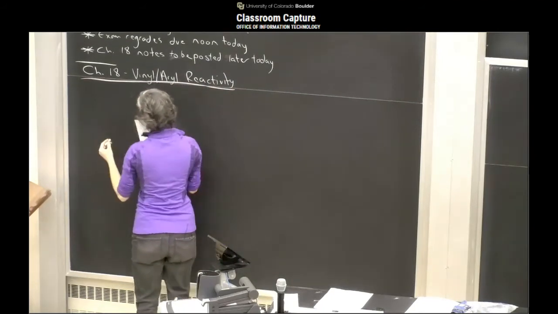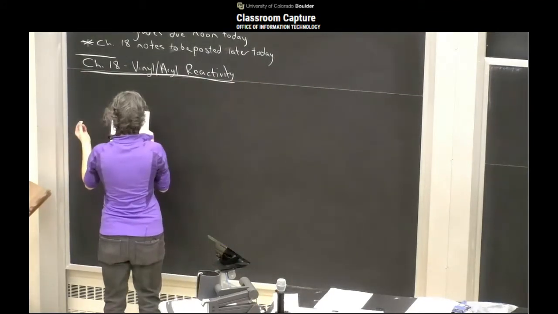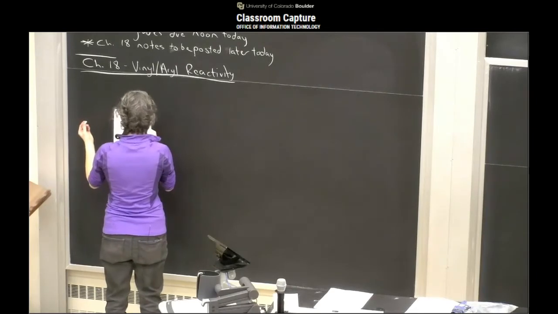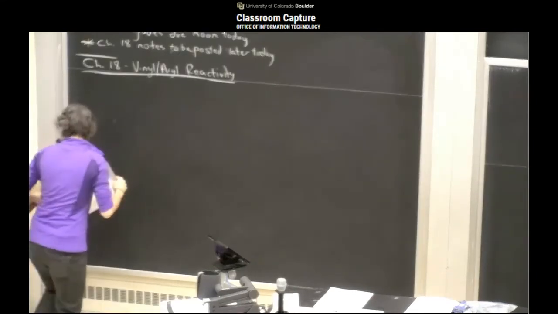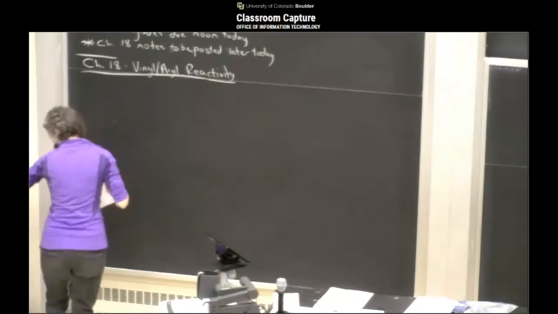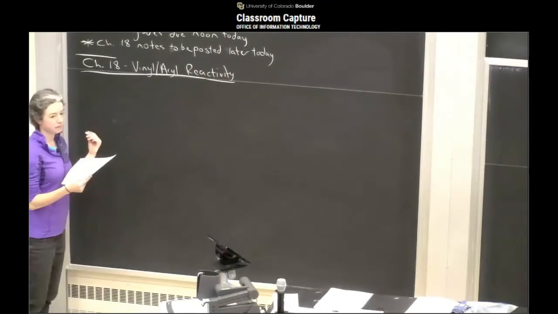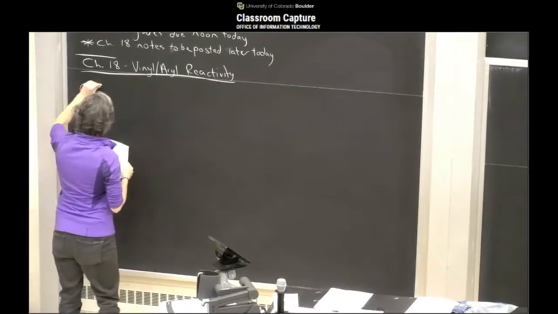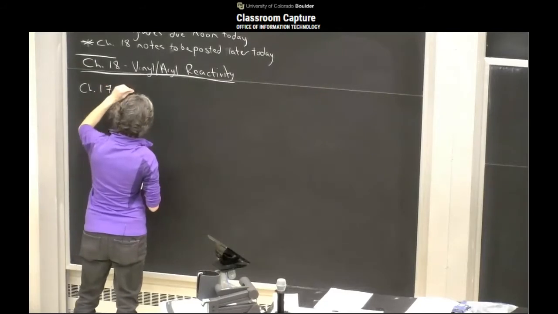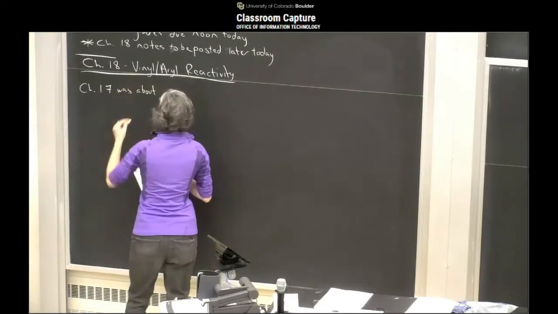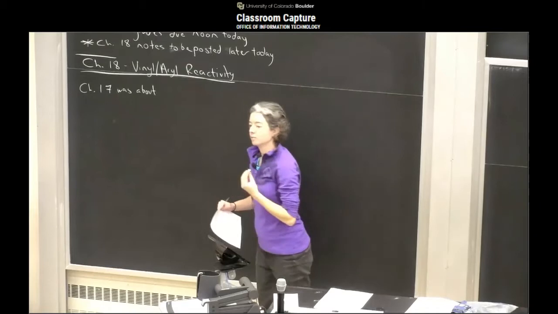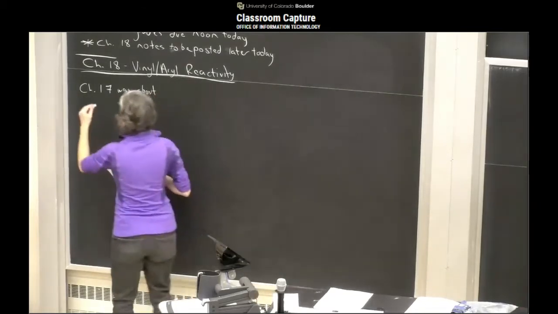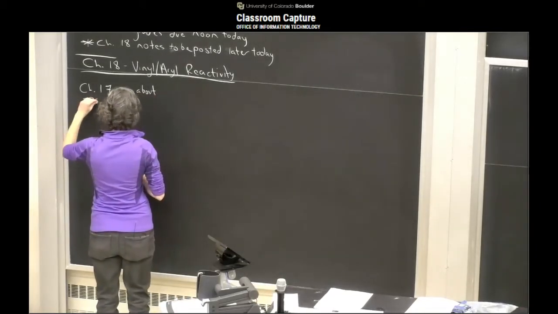Okay, so I guess to sort of tie this back into what we were looking at just last time, Chapter 17 was about positions one away from a double bond or from a ring.